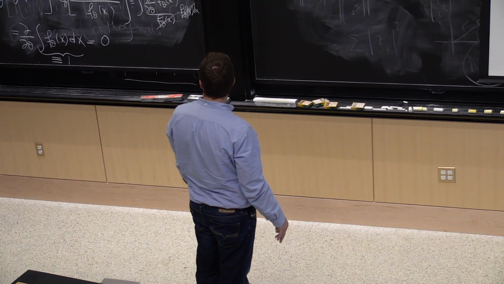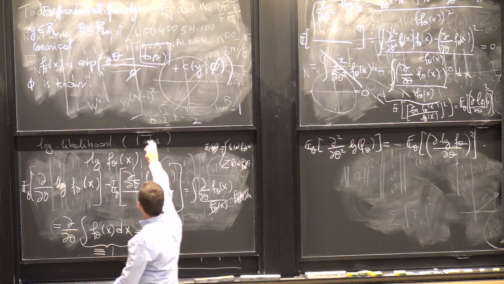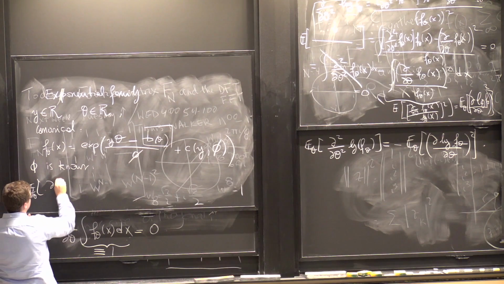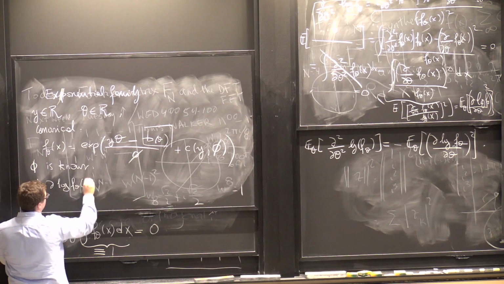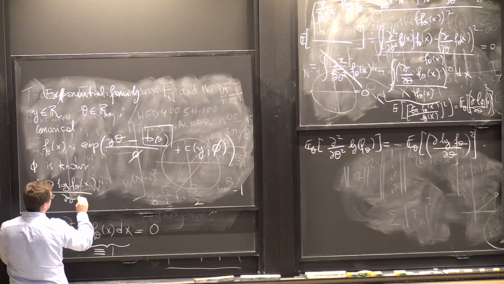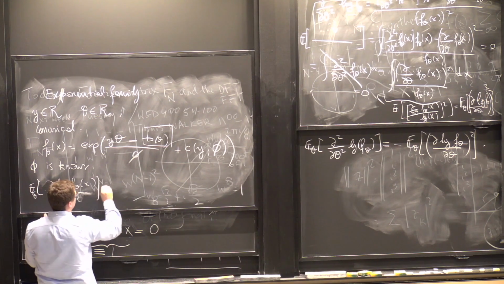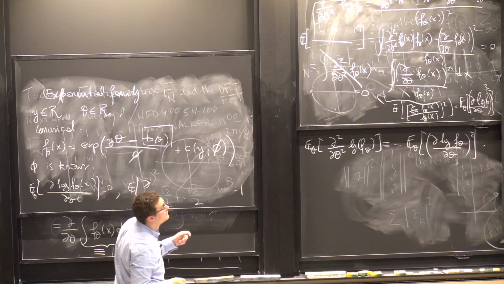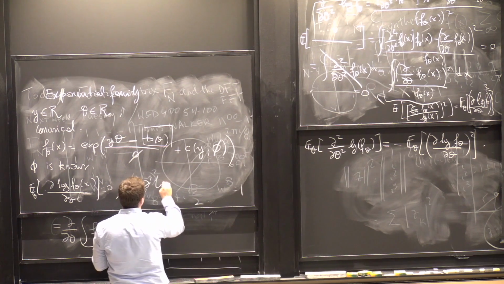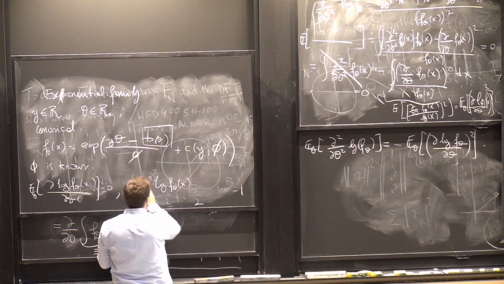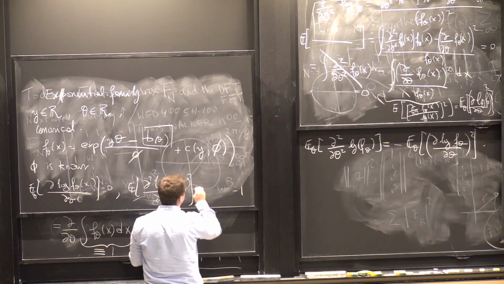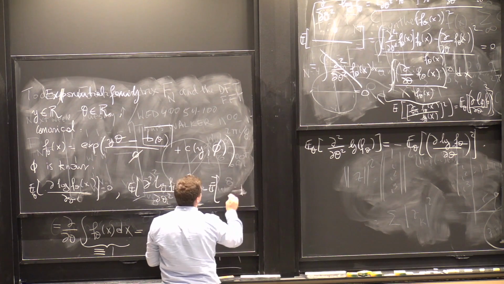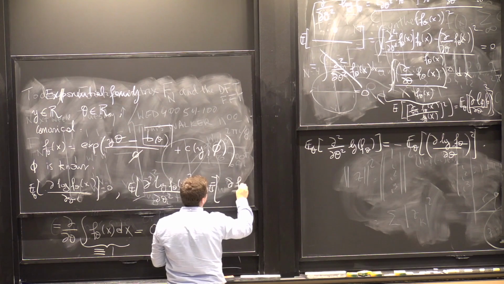So those things are going to be useful to us, so maybe we should write them somewhere here. And then we have that the expectation of the second derivative of the log is equal to minus the expectation of the square of the first derivative.